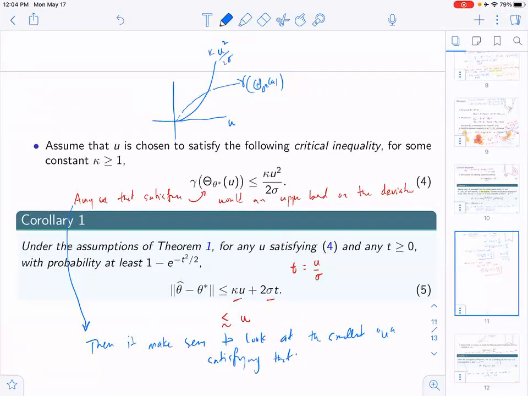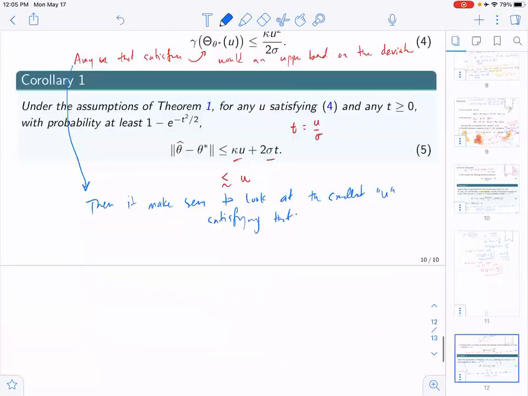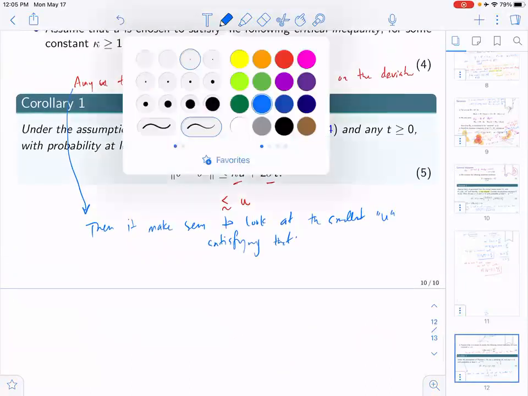So for a large u, this is bigger, and then there's a point where this is the smallest u for which this is still bigger than that, and that's when you set them equal, exactly.